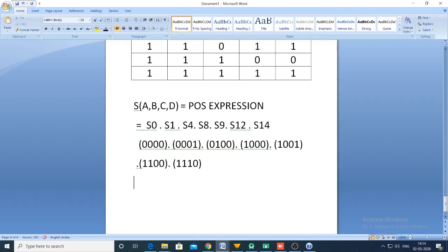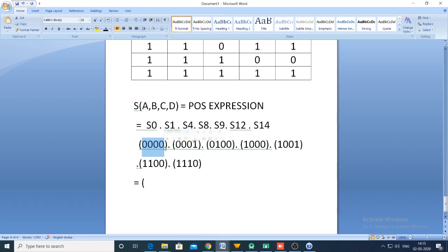Now we can easily make the sum term for each combination. In order to get 0, what way should we add for the respective combination 0 0 0 0?